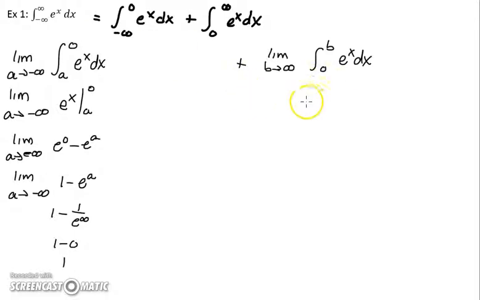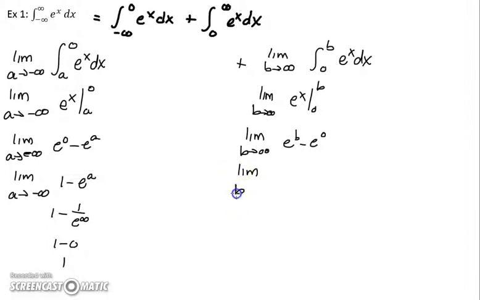If we look at the other one, it's the same idea. We look at the limit as b approaches infinity. Our integral is the same thing, e to the x, from 0 to b this time. So we have the limit as b approaches infinity of e to the b minus e to the 0, which is the limit as b approaches infinity of e to the b minus 1.